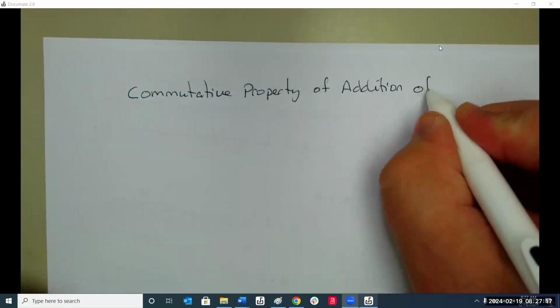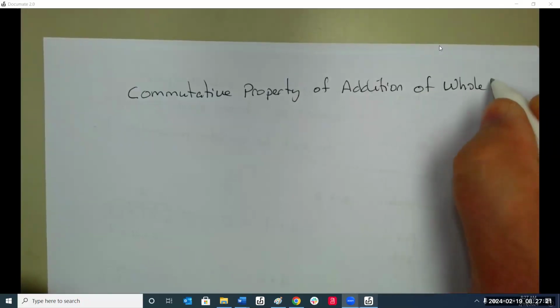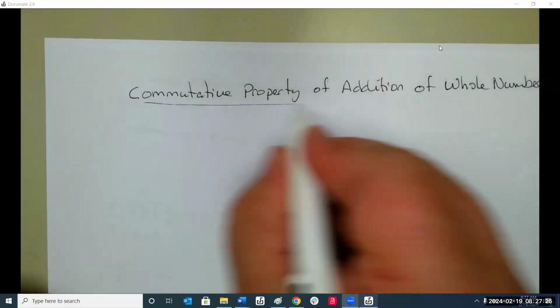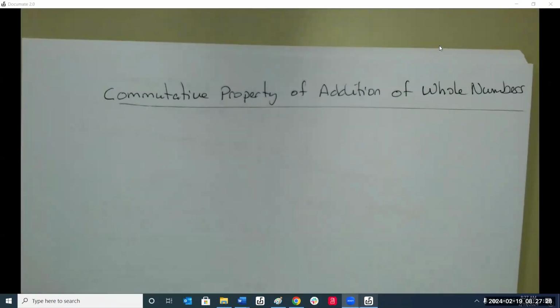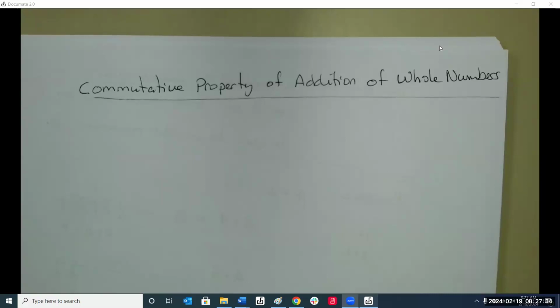And since we're limiting ourselves to whole numbers, the commutative property of whole numbers.